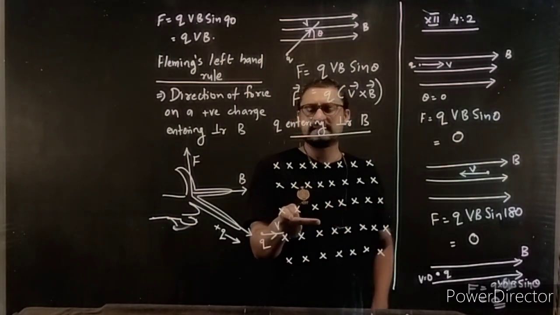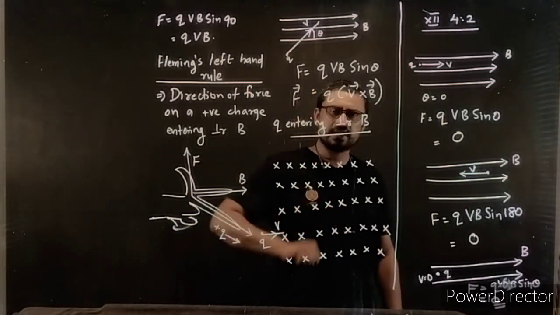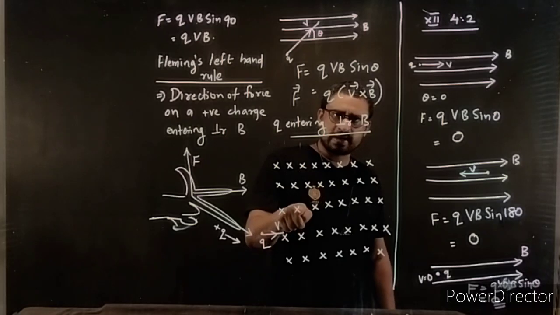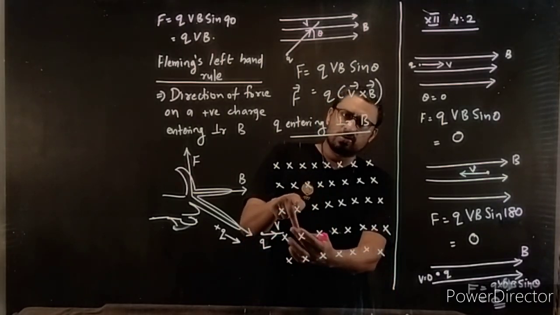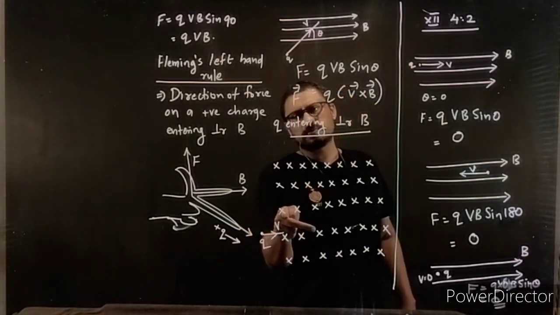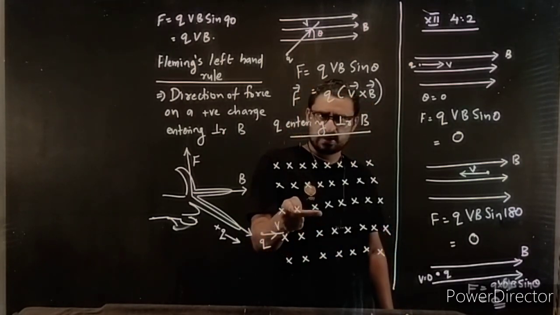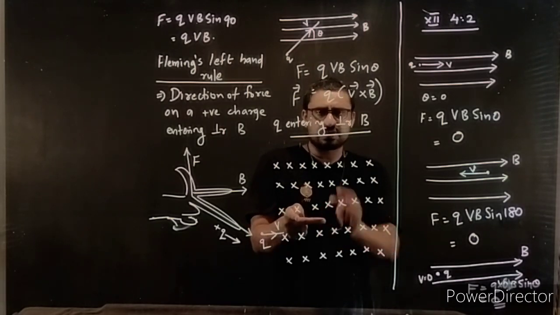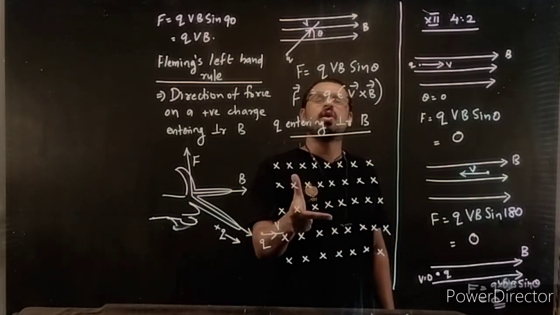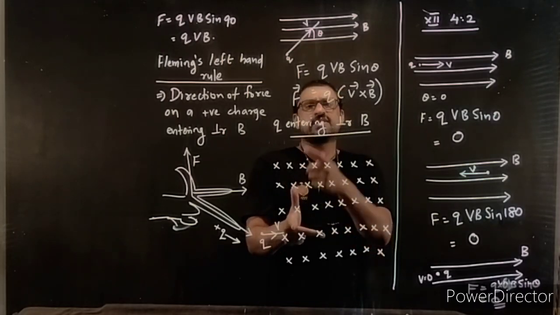Once more, this is the direction of the magnetic field, and this is the finger for direction of motion of positive charge. Now you automatically open the thumb. It will give you the direction of the force.